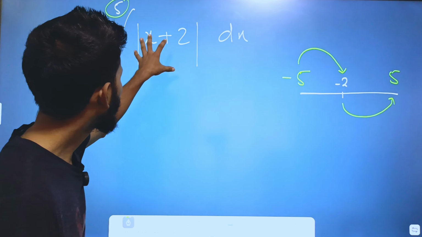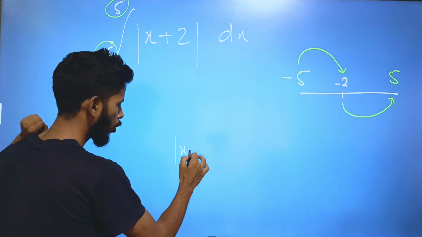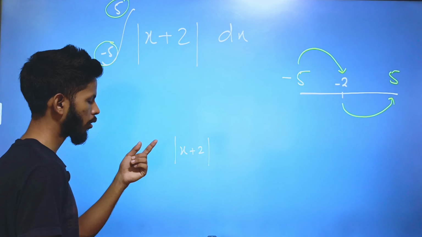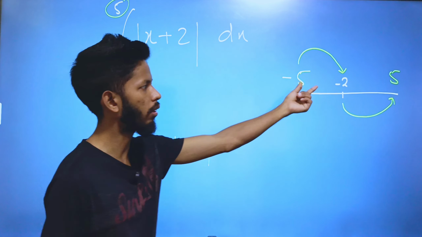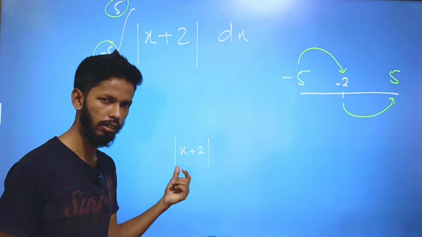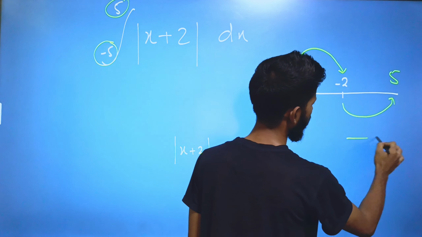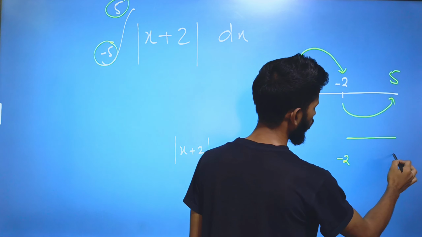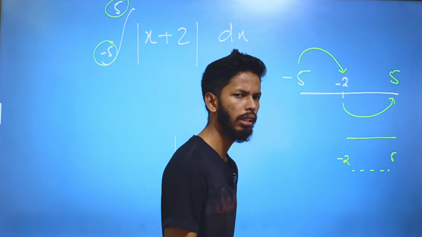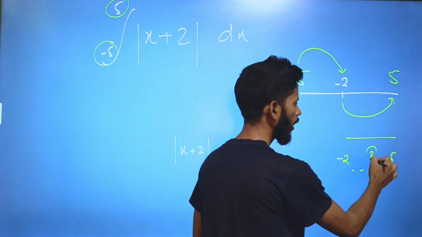Now our function is mod of x plus 2, right? Now we want to check in which interval our function gives which kind of answers. For example, if we take this side, minus 2 to 5, we can take any point here. For example, a point 3 will lie here.